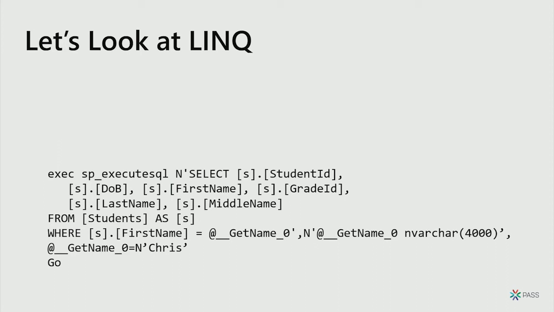Who thinks that's the most inefficient way to send over a parameter? I mean, it's huge. I think it's inefficient. But Entity Framework isn't smart enough at this point to know how big that parameter is. So it's just going to have a huge length for that nvarchar.